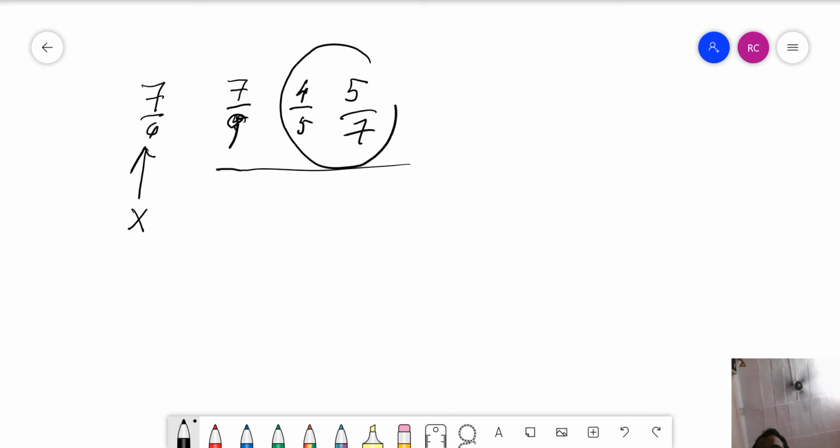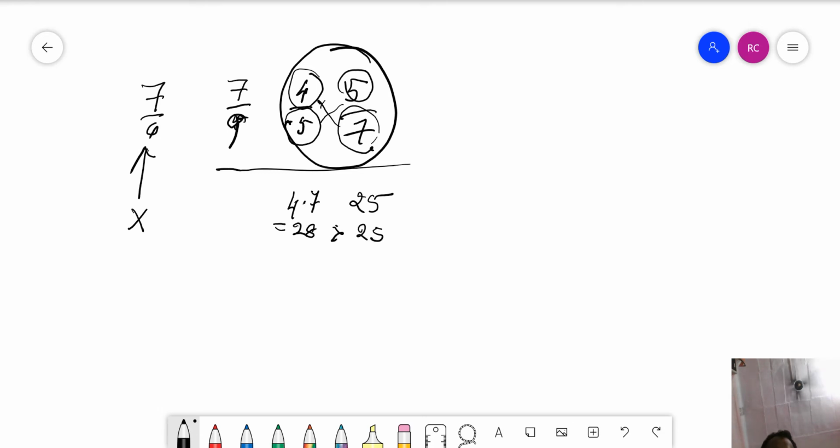You take these two and you multiply the denominator of this with the numerator of this, and likewise you multiply the denominator of this with the numerator of this, and you compare. So 28 is greater than 25. This would give us 4 by 5 is greater than 5 by 7. So we anyways eliminate 4 by 5.